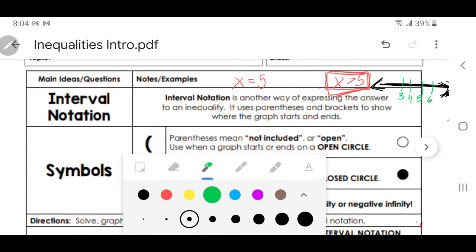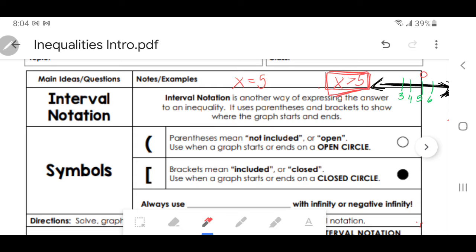Well, to graph x is greater than 5, what we'll do is we'll draw a line that represents all of the solutions to x is greater than 5. So x has to be greater than 5. So what we'll do is we'll put a little open circle here at 5 and draw a line going towards infinity, anything that's larger than 5, okay?